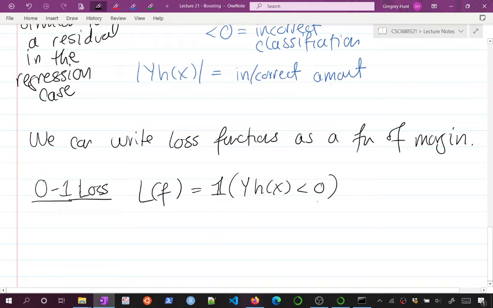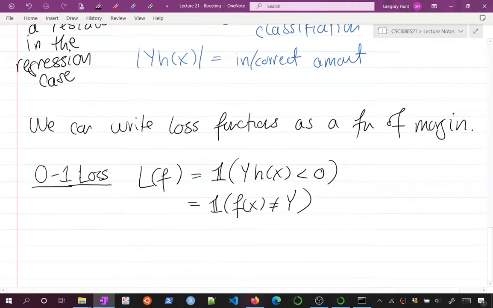So let's step back and understand why that's true. If yh is negative, we made an error. And so our loss gives us a unit of error, a unit of loss, if we made an error. And so this is the same thing as saying the indicator that f is not equal to y, right? Because yh, the margin, being negative means we've made that error. f of x is not y, because the signs don't match.